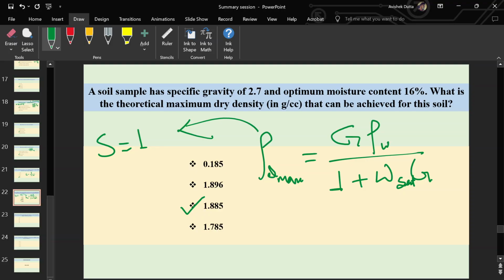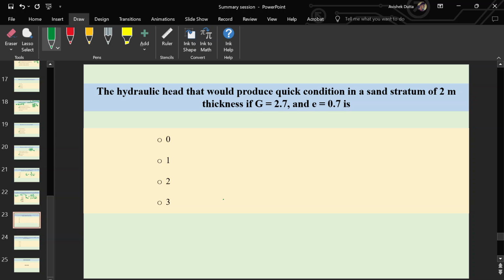Okay, let's see the next question. The hydraulic head that would produce quick condition in a sand stratum of 2 meter thickness, if specific gravity of soil solids G equals 2.7 and void ratio e is 0.7, is. How do we solve this? What is the procedure?